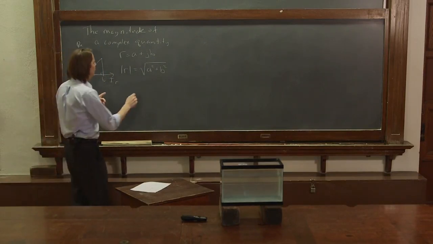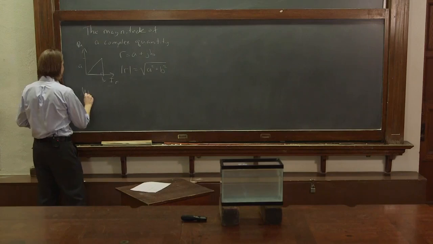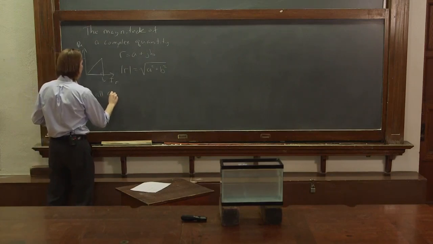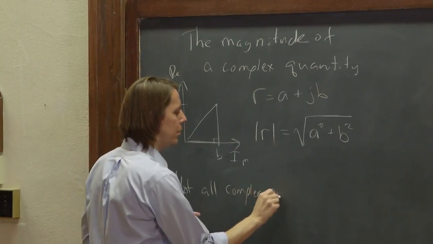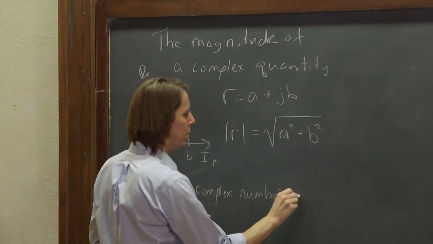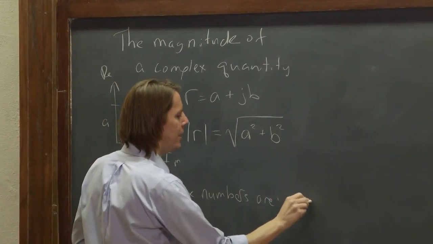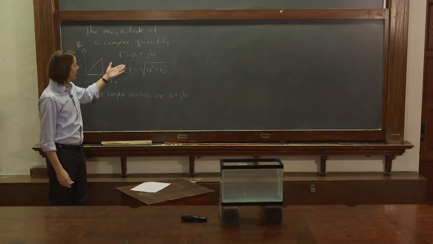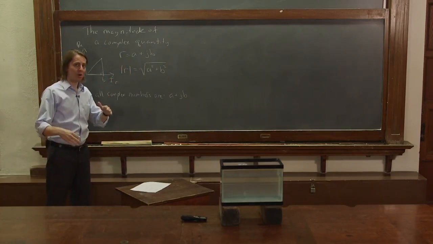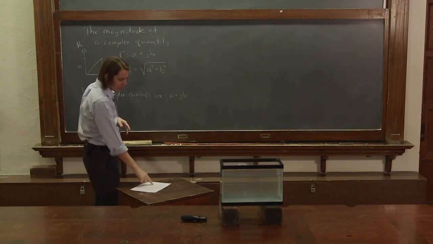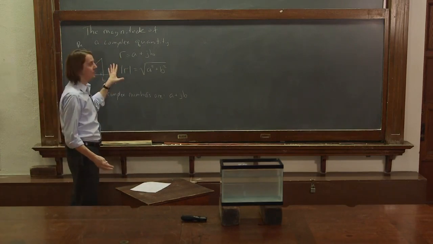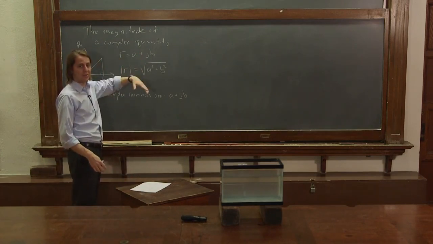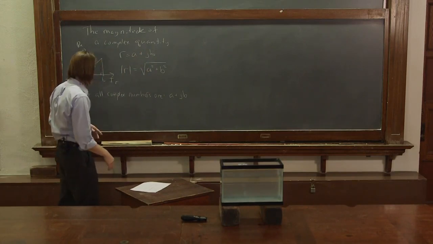But not all numbers will be this convenient. Not all complex numbers are a plus j times b. It's not always that easy. For example, our r, RTE and RTM, are complex numbers, and they're very complicated. They have this big cosine and square roots of negatives and all kinds of things going on.